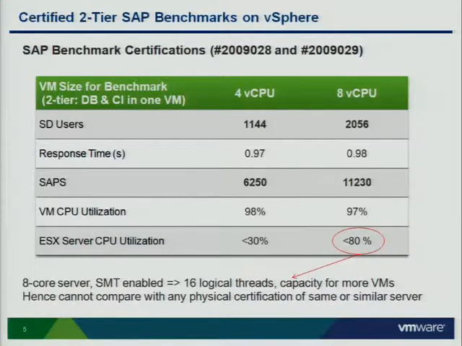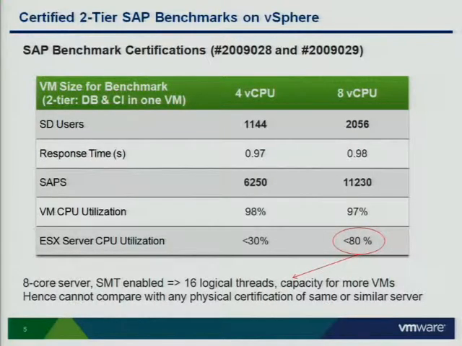So the only SD benchmarks that you see prior to that on vSphere, at the time I think referred to as ESX, were only up to 2 vCPU, and that was because when you went beyond that, the performance didn't scale.